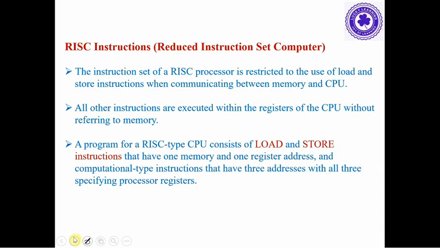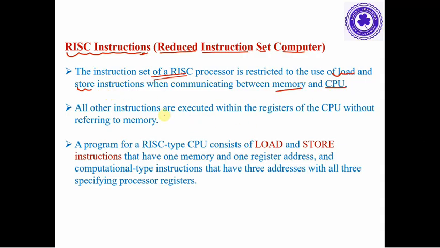And here we have one more type of instructions called RISC instructions. What are RISC instructions? RISC stands for reduced instruction set computer. The instruction set of a RISC processor is restricted to the use of only load and store instructions when communicating between the memory and CPU.